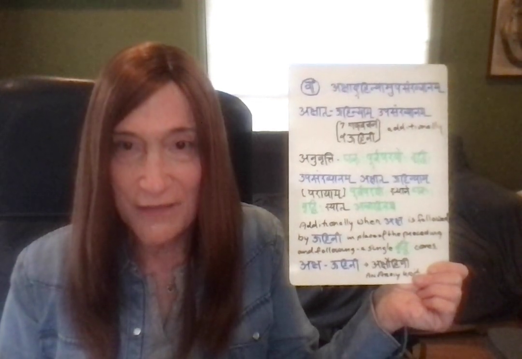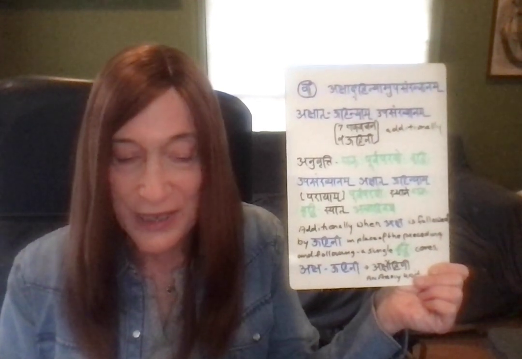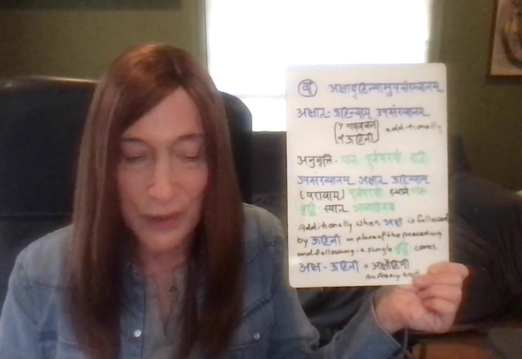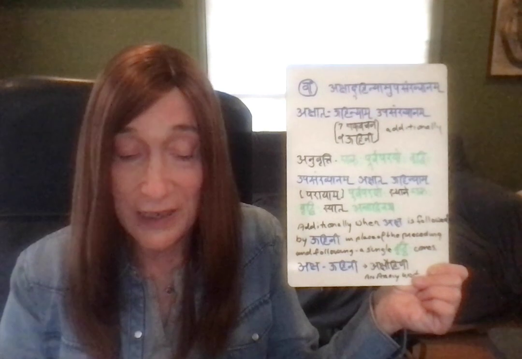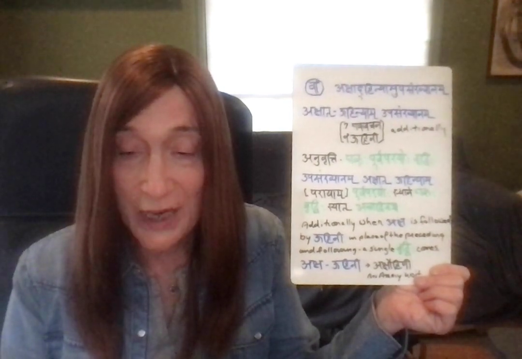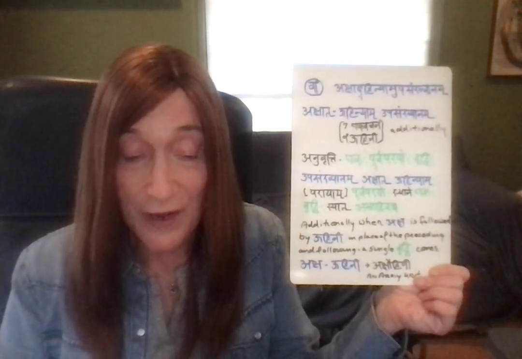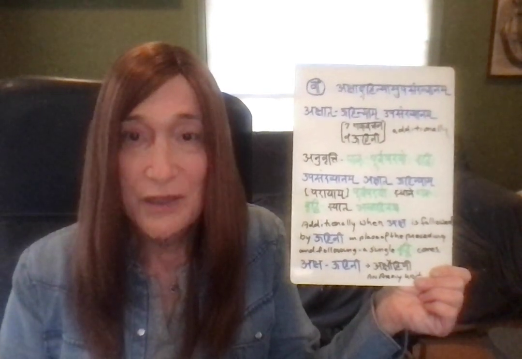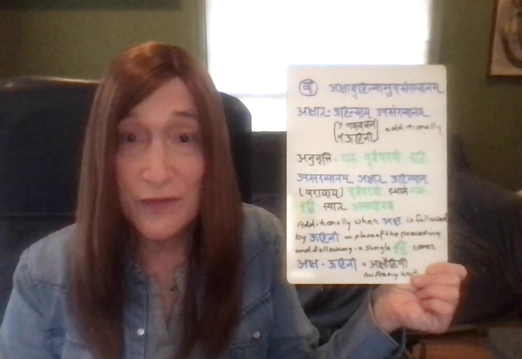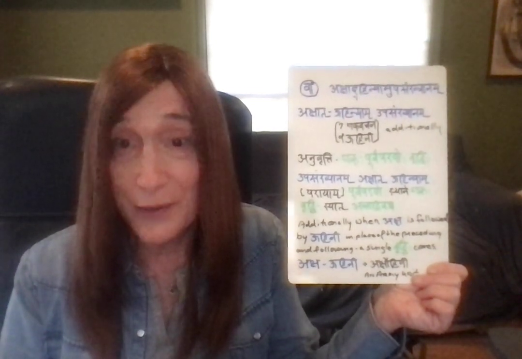Because the final of aksha and the beginning u of uhini are both replaced by a single vrddhi, and as we've reasoned out before, when we have a and u, we will get au as the closest to both of them.